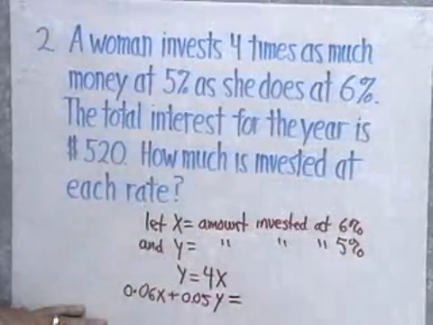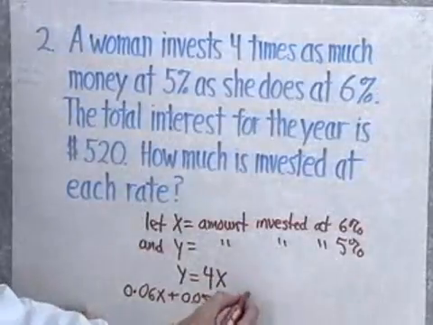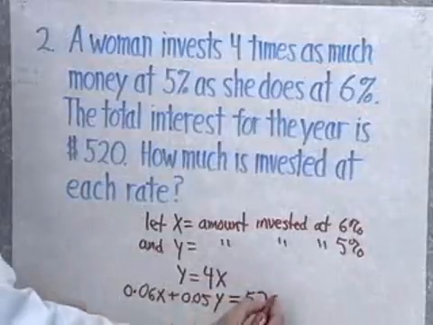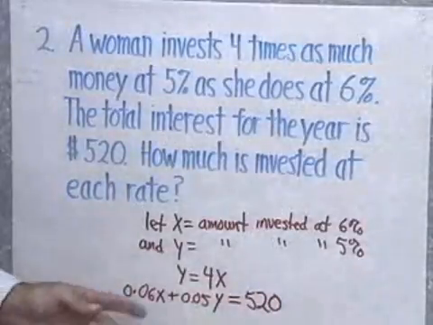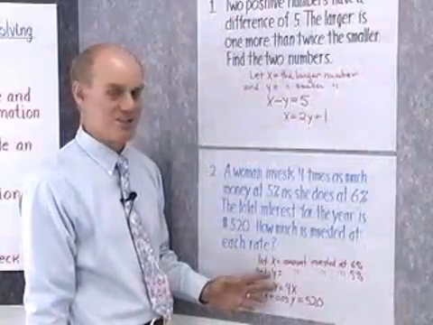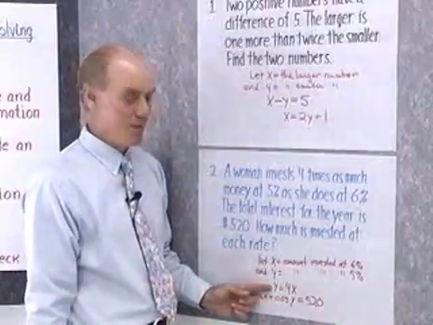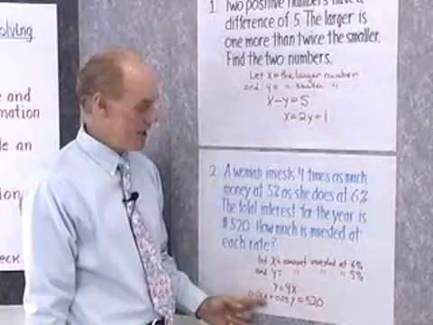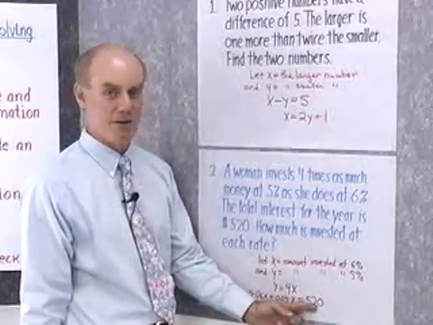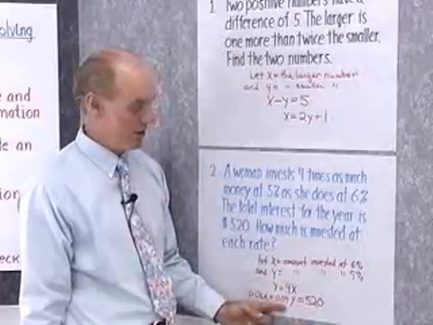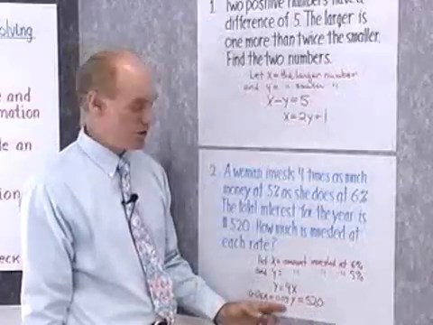The total amount of interest that she earns from both accounts is $520. So here is my system of equations that I can solve for x and y. y is equal to 4 times x, and 0.06x plus 0.05y is equal to 520. Again, a system that looks like it's solvable by substitution pretty simply.